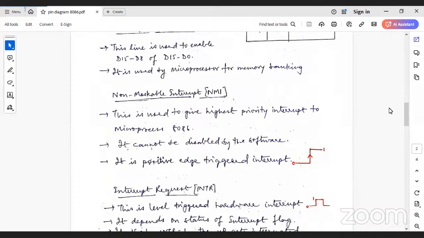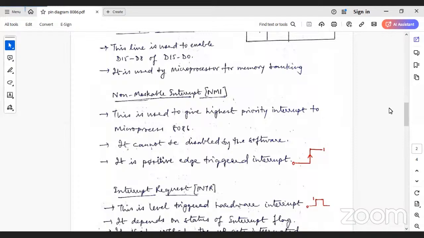Now this command, non-maskable interrupt, will be executed on the positive edge triggered interrupt. In the figure you can see positive edge triggering means when your clock signal goes from 0 to high, it is going towards the positive edge. So it is known as a positive edge triggered interrupt. Interrupts can be of different types.